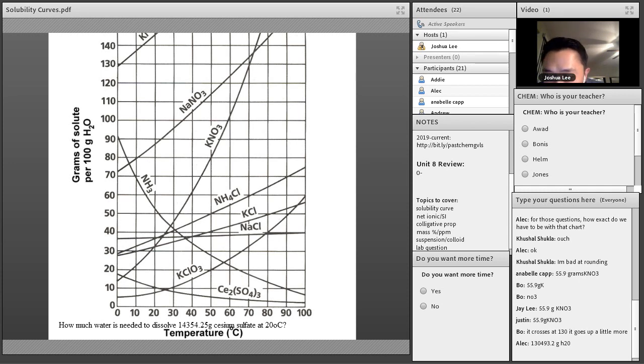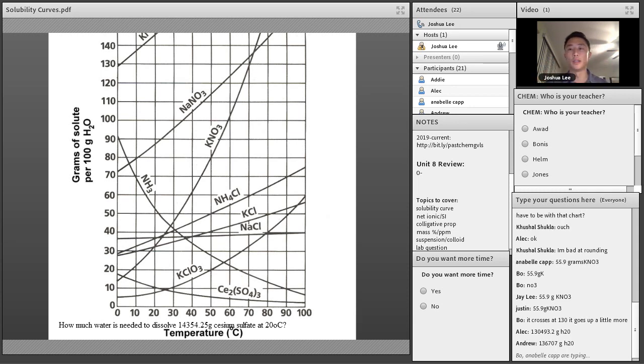Alex says 130,493.2 grams of water. Anyone else get numbers? Actually, I'll go get my calculator. I'll be back. Let's see if you guys can finish before I get back.